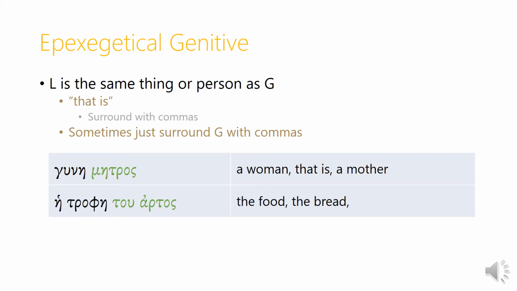They're the same thing. So we might say a woman that is a mother. Similarly, he trophe to artos, the bread food, we might decide that the relationship between the bread and the food is, again, that they're identical. And so we could say the food, comma, the bread, comma, and then continue with the sentence.